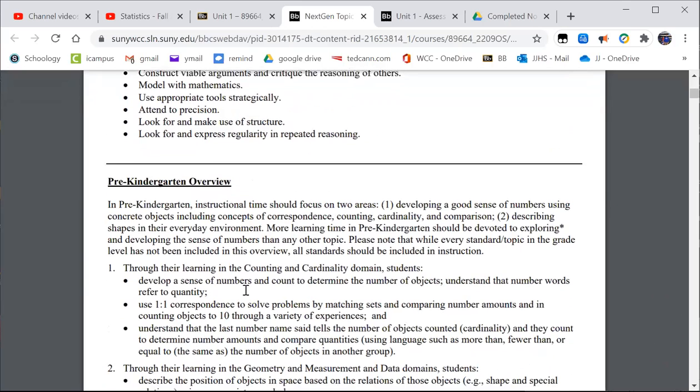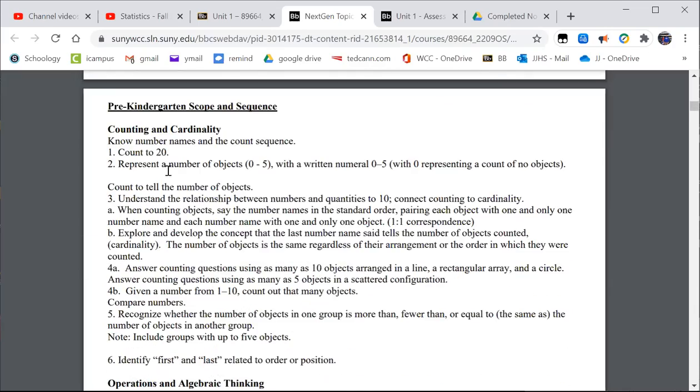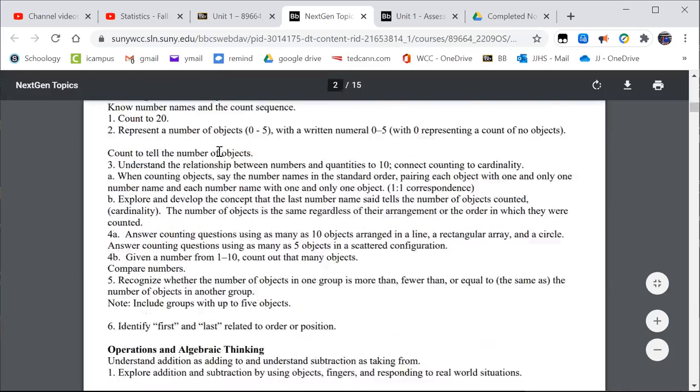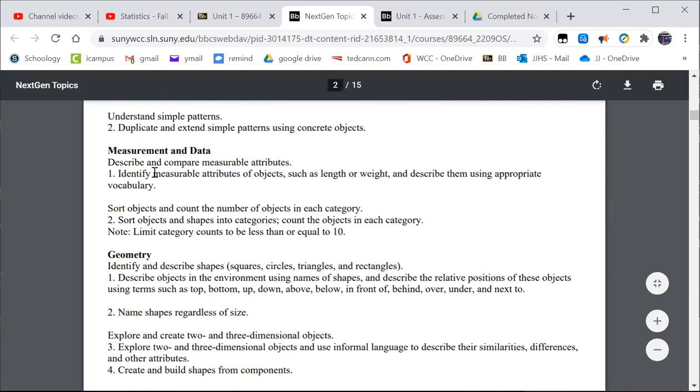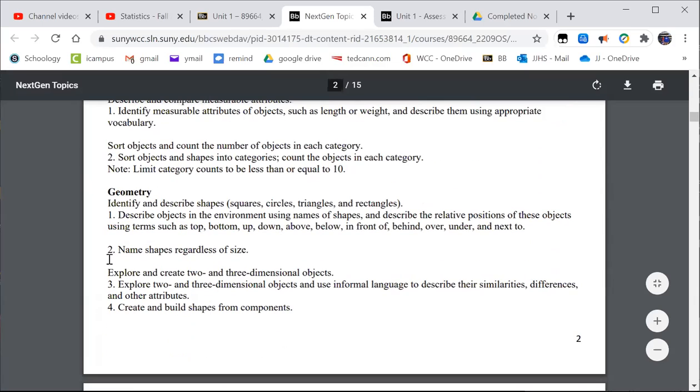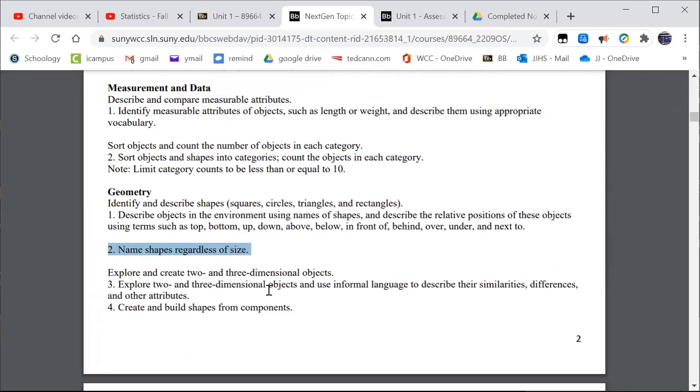So you have the PreK curriculum, counting and cardinality, which we've talked about, operation and algebraic thinking, measurement and data, all the subtopics. Each one of these numbers, each one of these subtopics here. So under geometry, for example, number 2, that could be the topic of the activity that you design.